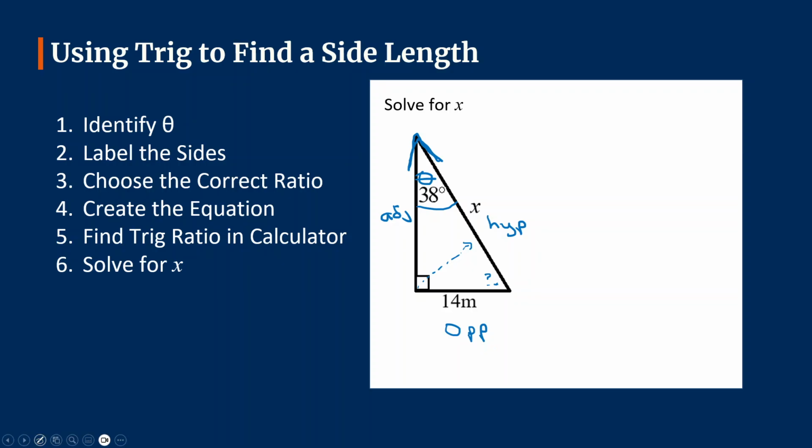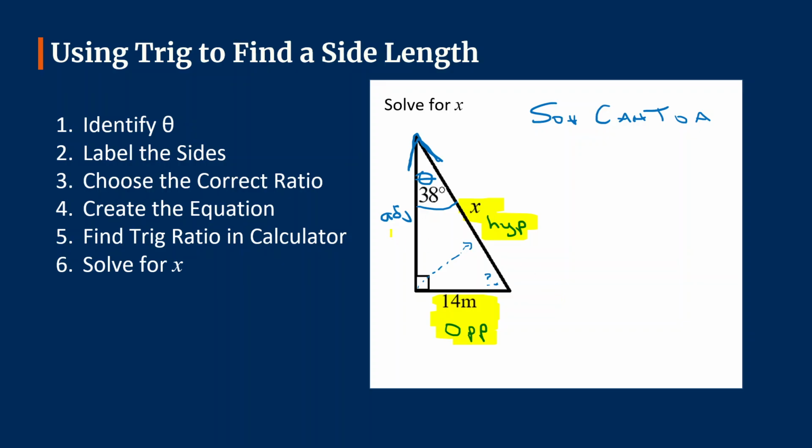Now I have to think about what SOHCAHTOA relationship I want. So here's what I have in the diagram. I have the opposite side I know about. It's 14. The hypotenuse is the one I want to know. It's x.